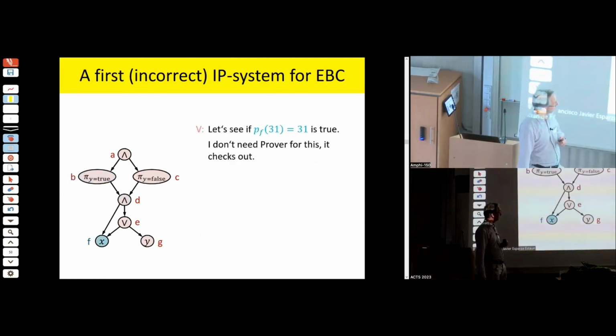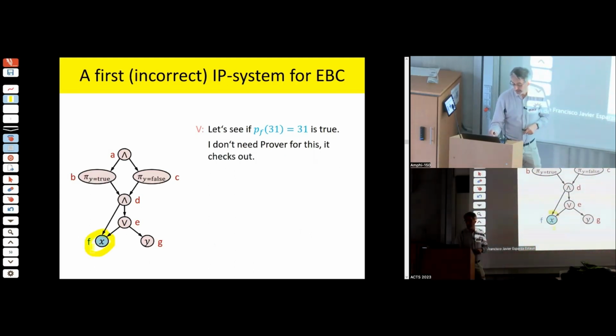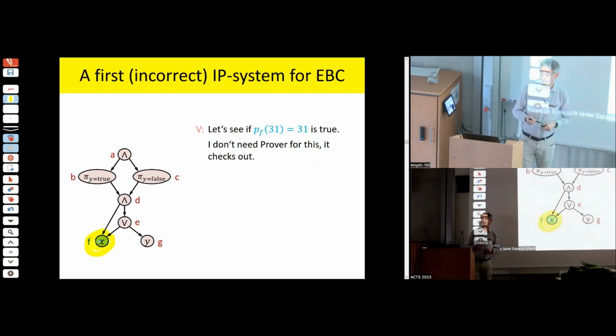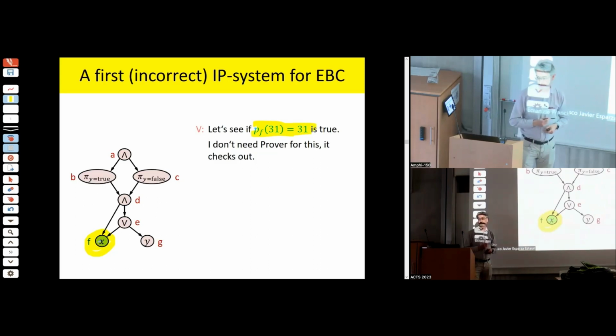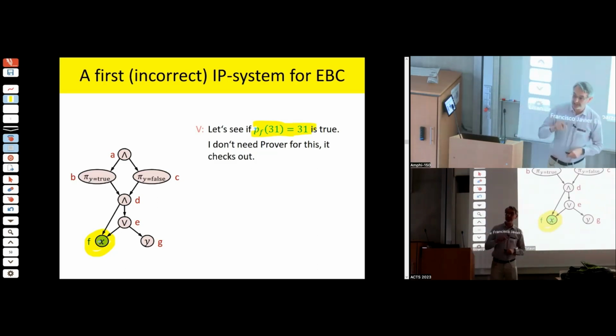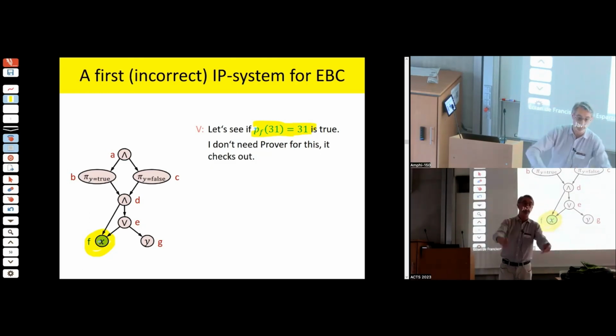And the good thing is that when we reach the bottom, when we reach here, then the prover will have claimed something like PF of 31 is 31. But now the verifier does not need the prover anymore. We are down to a polynomial which the verifier can compute by himself or herself.